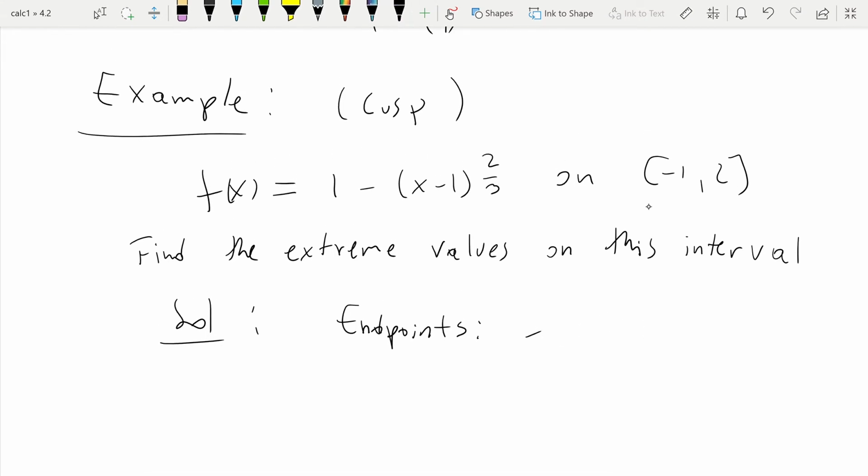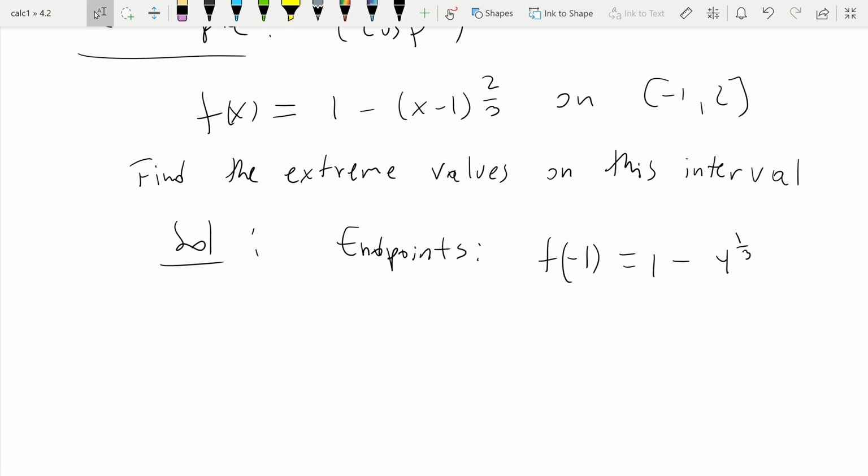So f at -1, which is 1 minus (-2) to the 2/3. So it's 1 minus the cube root of 2 squared, so 1 minus 4 to the 1/3.